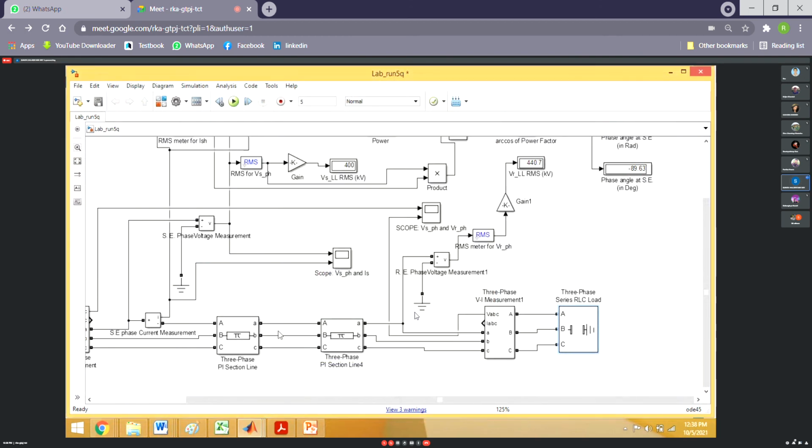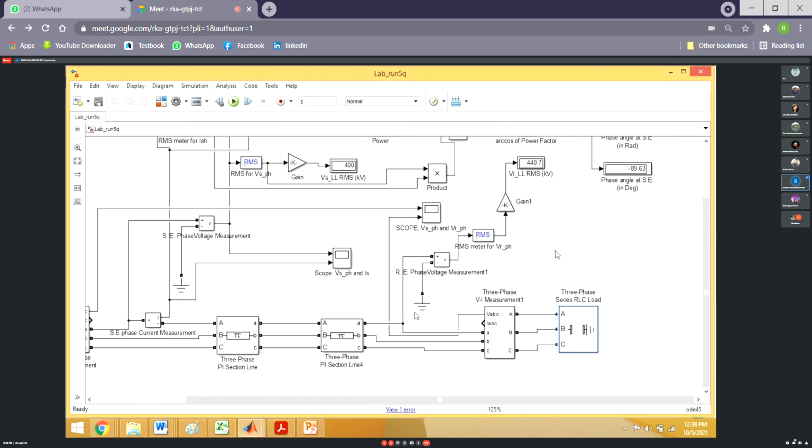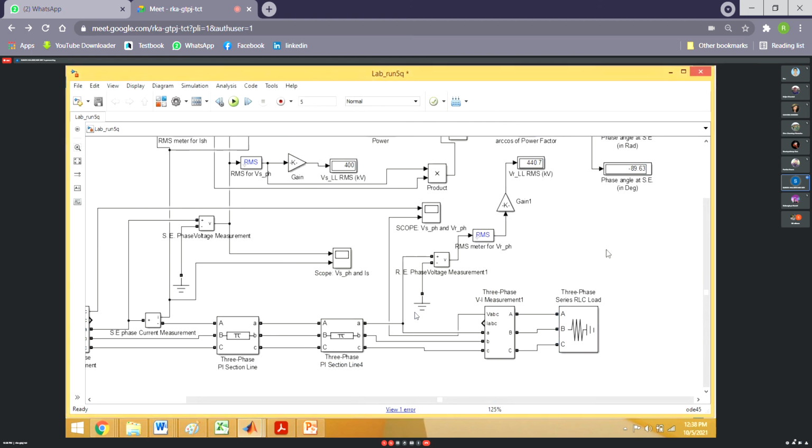You cannot run it. So what can I do? We can connect a very small load, compared to the system parameters, say 0.01 watt. It is very low load. So if we apply that one, we can get the scenario.